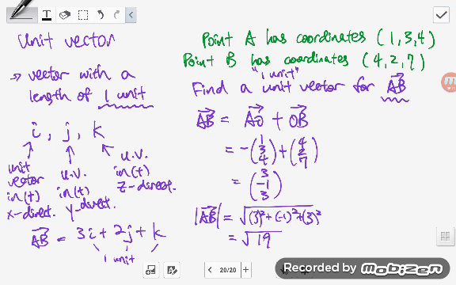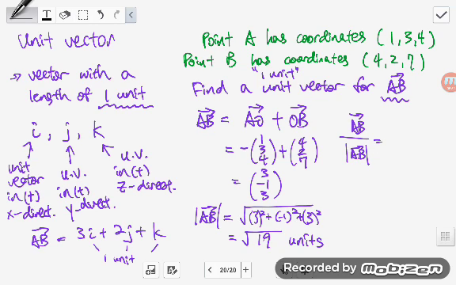So if I want a vector in the direction of AB, but with only one unit, right now my vector AB is square root of 19 units long. If I just want one unit, all I have to do is divide the vector by the magnitude, right? Divide the vector by the magnitude. That will give me my unit vector.